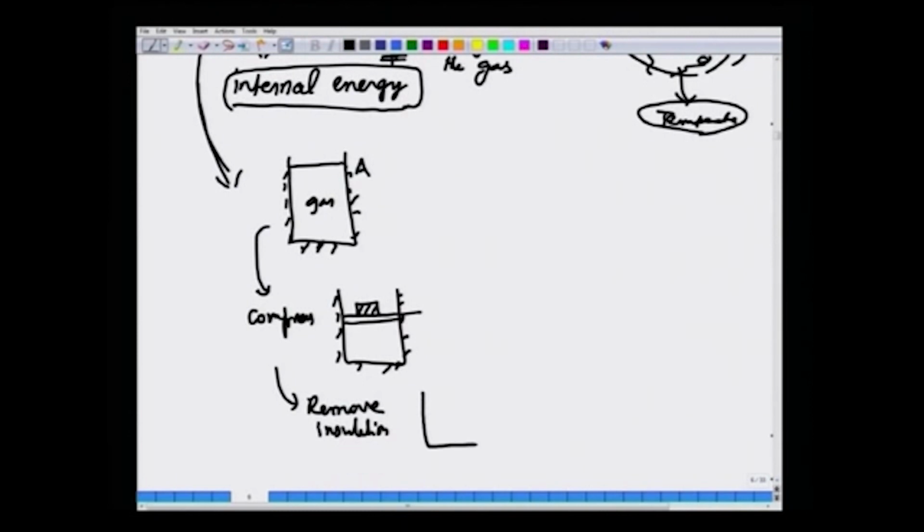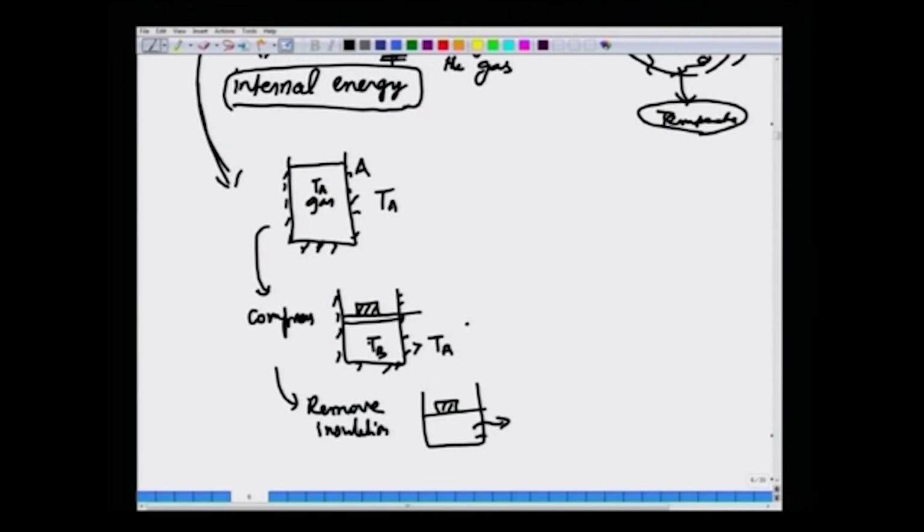So, what will happen if you remove the insulation, since the gas inside the piston cylinder assembly has a higher temperature? Initially let us say the gas has temperature T a, same as the ambient outside, but T b is greater than T a.